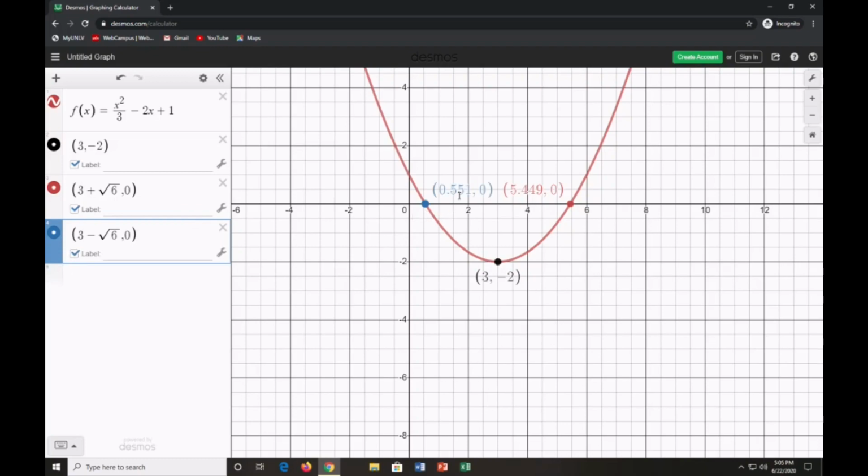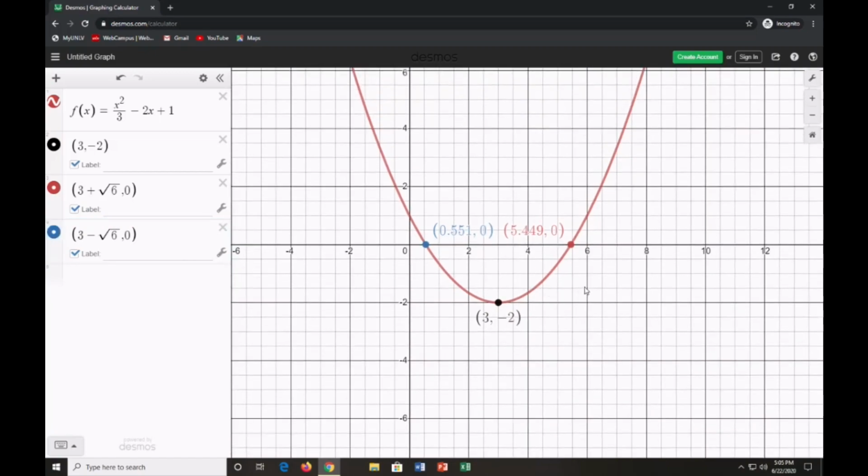I wrote down 0.6, and the computer said it's actually 0.55. So of course, this is a much more precise value here. Okay, so we can see that. And of course, let's graph the axis of symmetry. The axis of symmetry should go right through x equals 3. So we have x equals 3. That green line is our axis of symmetry.